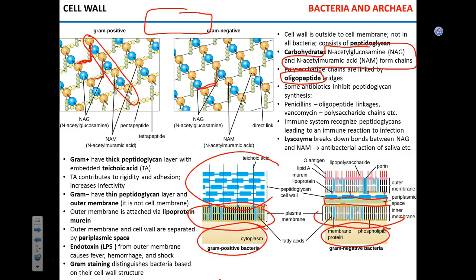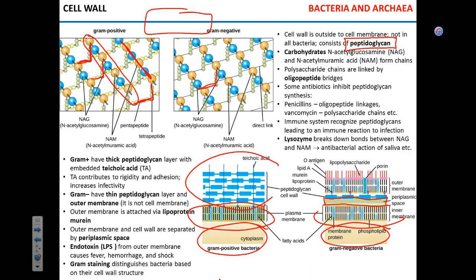Overall, when we talk about the cell wall, we use the word peptidoglycan. So we say that bacterial cell walls consist of a polymer that we call peptidoglycan. Peptido refers to the links, glycan refers to the chains of carbohydrates. Is that clear?